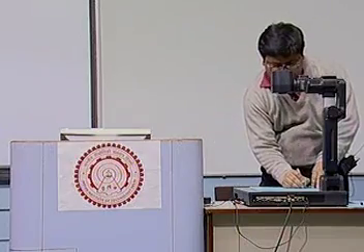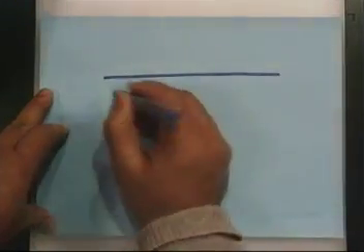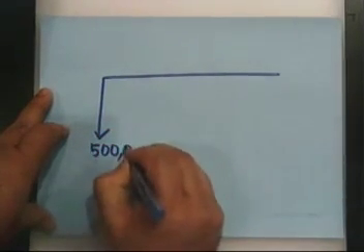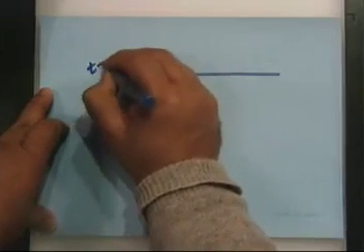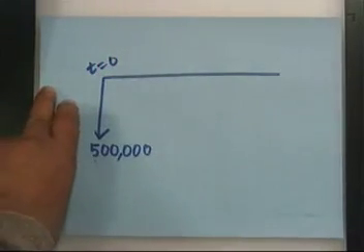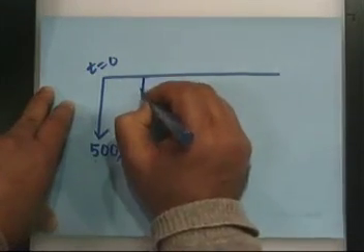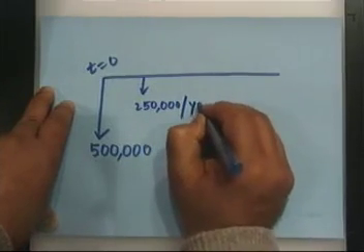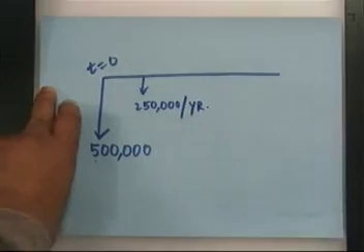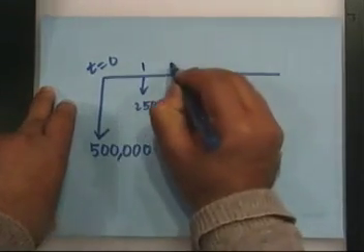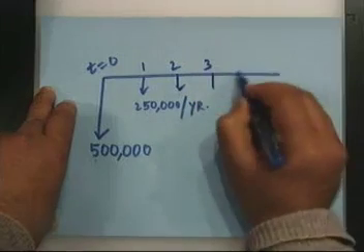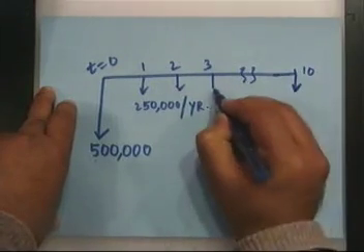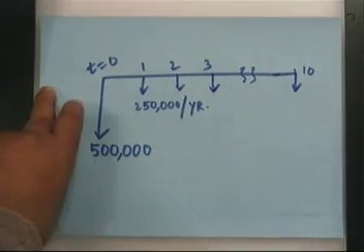Let us say you have alternative A, for which you require rupees 500,000 at time t equal to 0, and it further requires 250,000 per year for the next 10 years. So, 1, 2, 3, and so on it will continue. For year 10 also, I have this 250,000 rupees.